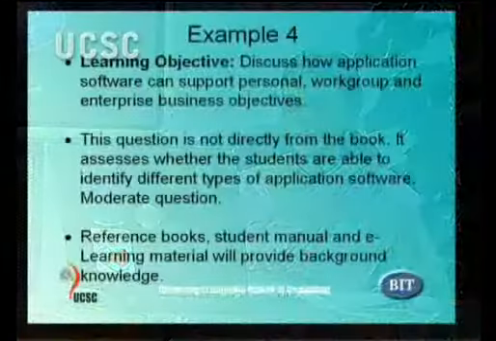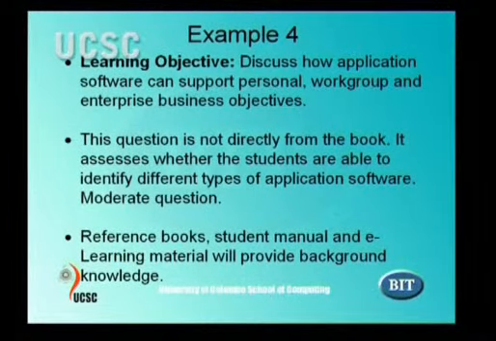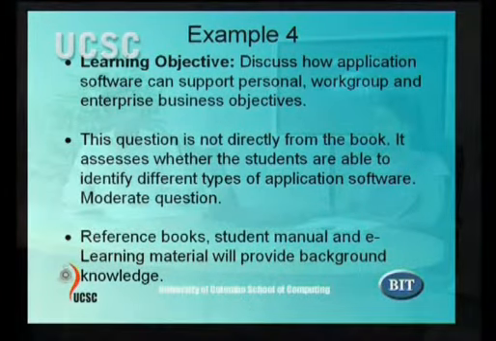If you look at the learning objectives, the students should be able to know about application software that can support personal, work group and enterprise business objectives. So application software can be used at a personal level, at a work group level or at an enterprise level, to facilitate our activities by using the computer.